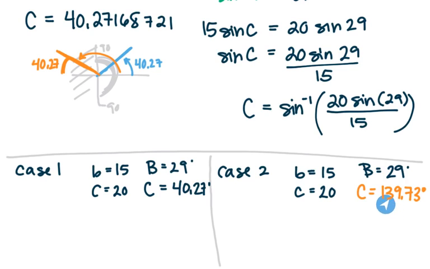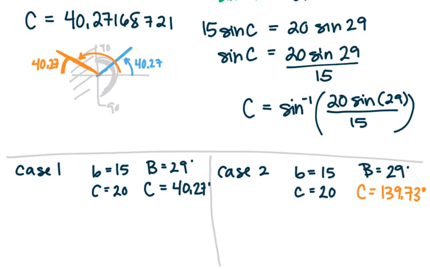And that's found by taking the 40.27 away from 180. So when you're dealing with a side-side-angle triangle, you are always going to determine this angle first. That's always the way it's going to work.